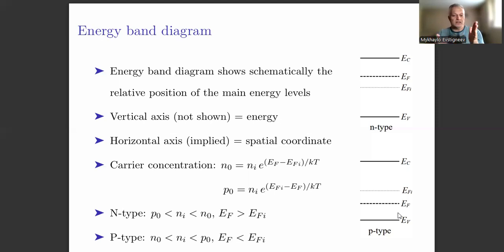As you move along the x-axis, if the doping profile of the semiconductor doesn't change, the band energies will have the same values. So the horizontal axis in the energy band diagram, which is usually not shown, but nothing speaks against showing it, is the normal spatial coordinate x.